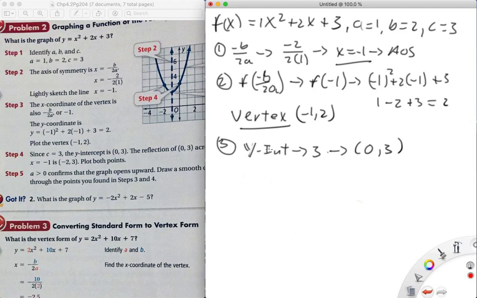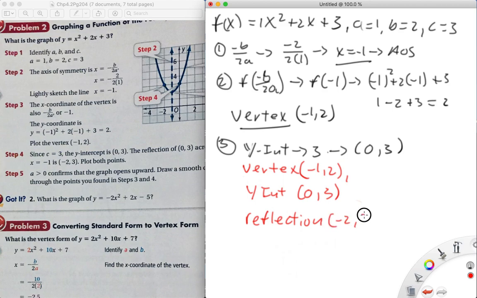So my vertex would be -1, 2. The y-intercept would be 0, 3. And then the reflection across the vertex is going to be -2, 3.